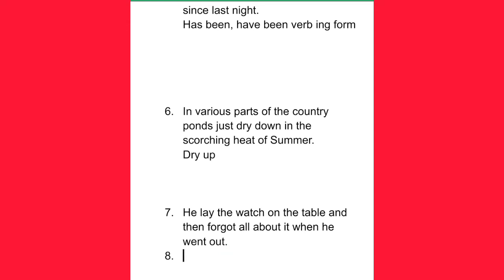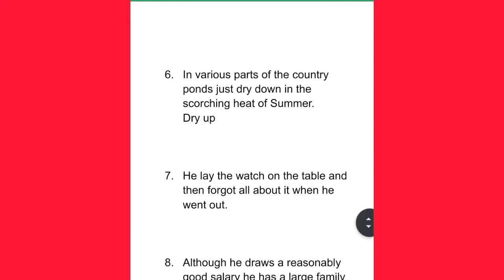The next one is, he lay the watch on the table and then forgot all about it when he went out. We all know the meaning of lay. Lay means to put something down on a surface. But here we can see this word forgot.